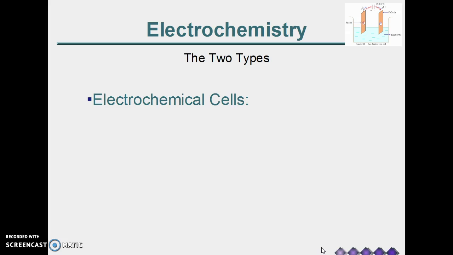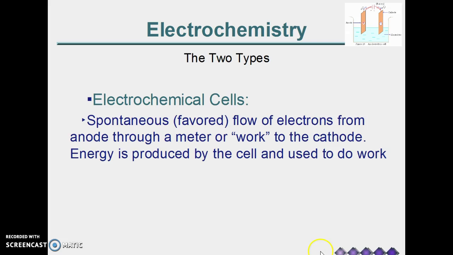The electrochemical cell, or galvanic cell, features the spontaneous, we should say favored, flow of electrons from the anode through a meter or a motor or a light bulb to the cathode. Energy is produced by the cell and used to do work.